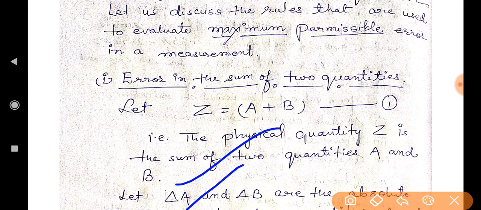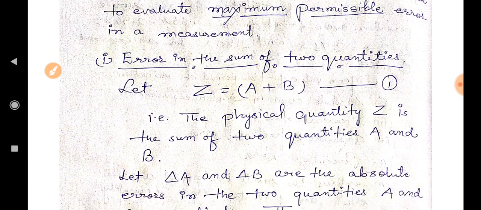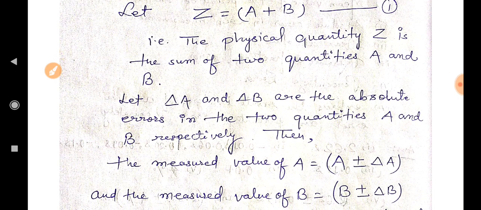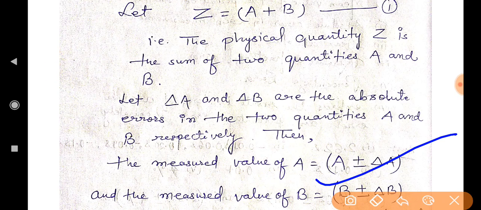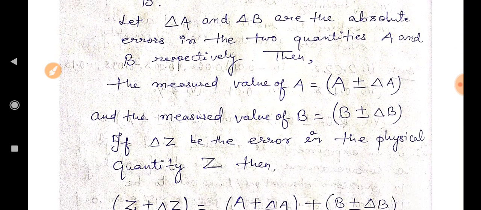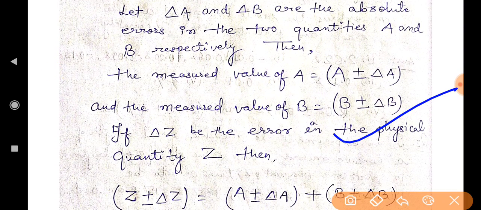The physical quantity z is the sum of two quantities a and b. Let delta a and delta b be the absolute errors in the two quantities a and b respectively. Then the measured value of a will be a plus minus delta a. You have to write the errors with the average value with a plus minus sign, so the measured value of a is a plus minus delta a, and the measured value of b is b plus minus delta b.